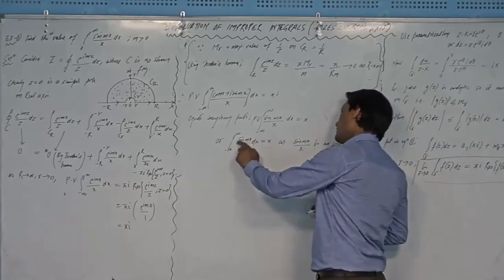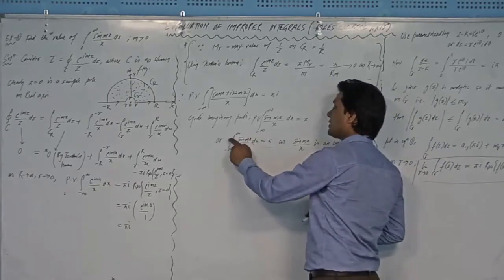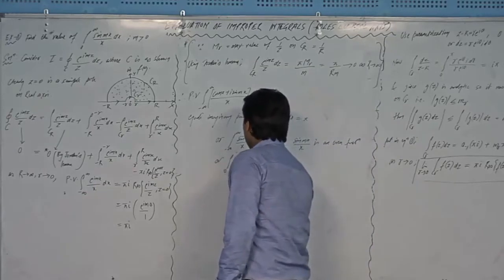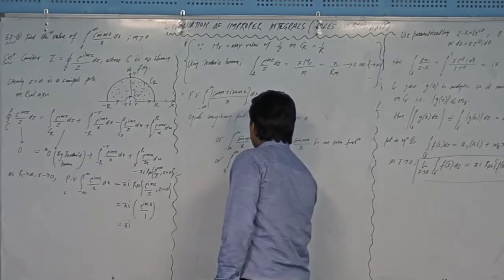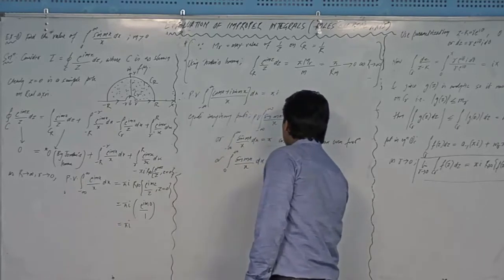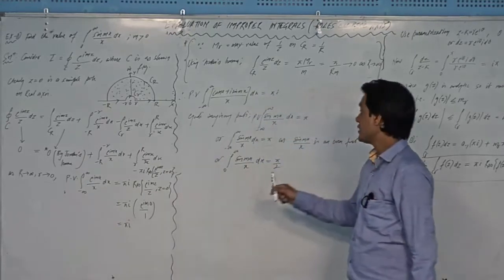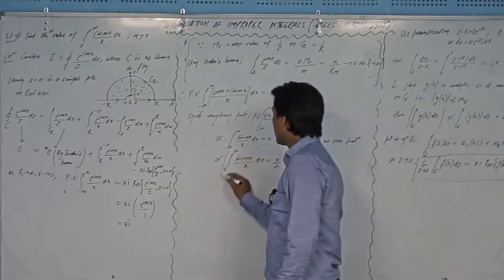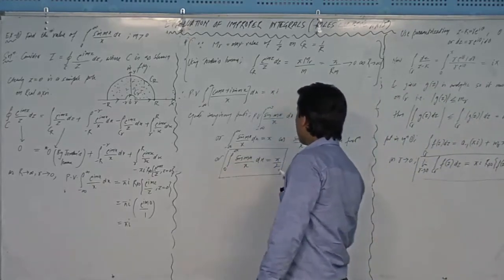And since this function is an even function, I can use that twice property, twice the integral from 0 to infinity of sin mx over x dx equal to pi, or the integral from 0 to infinity of sin mx over x dx equal to pi by 2, right? Again the reason is the same, it is an even function. So the value of this integral is pi over 2.